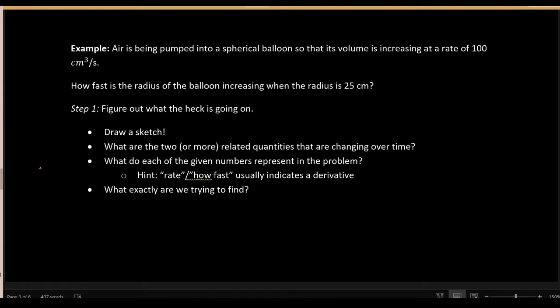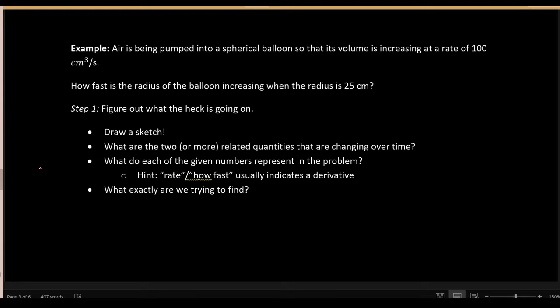So, for our first example, we are pumping air into a sphere-shaped balloon. How fast is air being pumped into the balloon? The volume of air inside the balloon is increasing at a rate of 100 cubic centimeters per second, say.